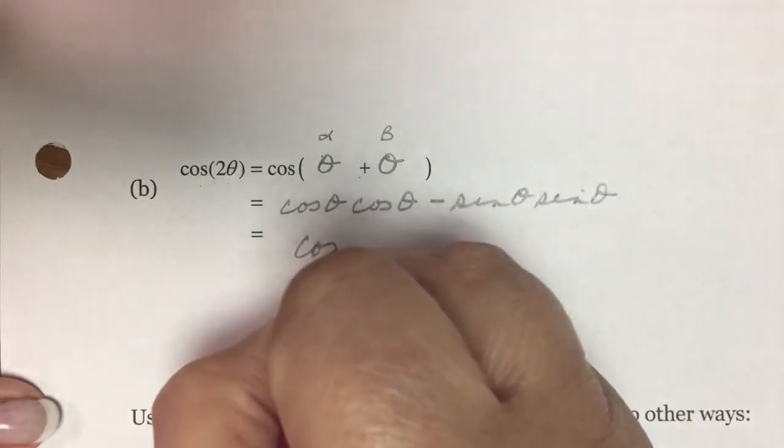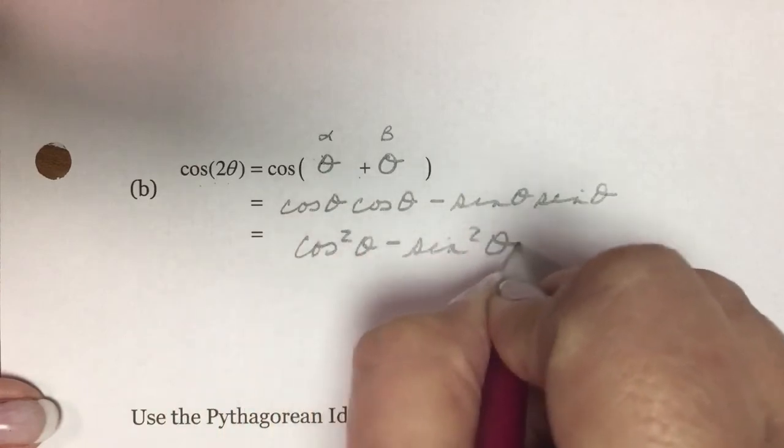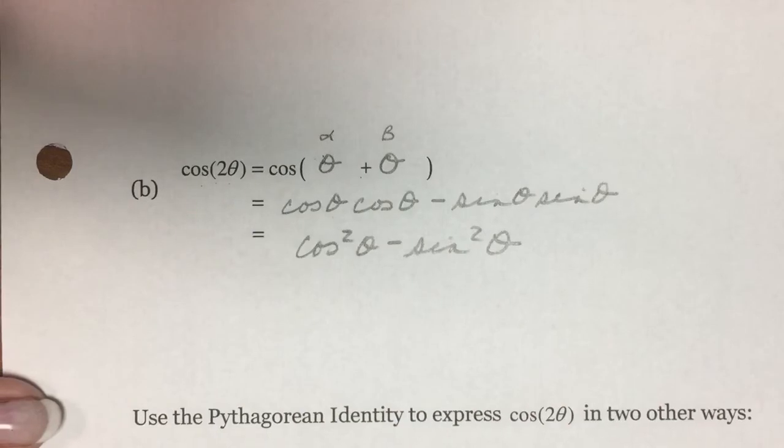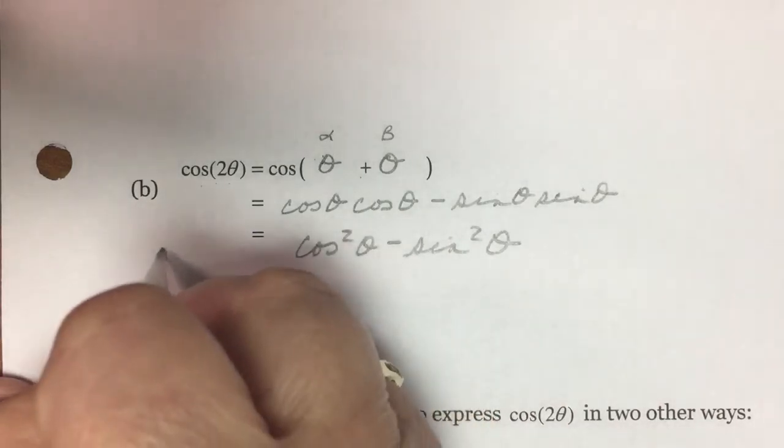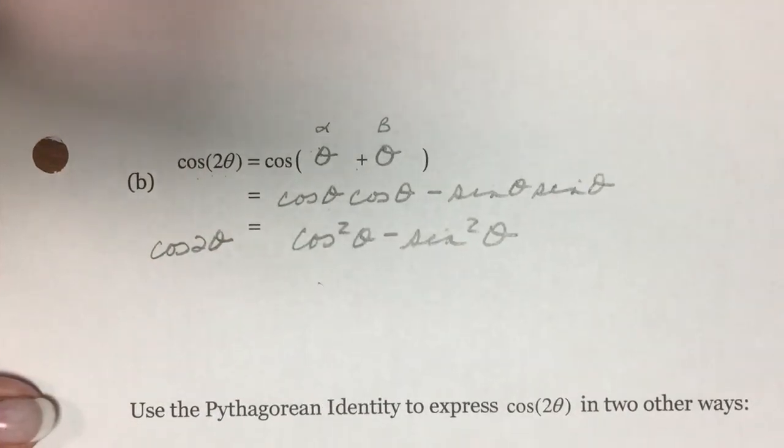And that's simply cosine squared theta minus sine squared theta. That is your first cosine double angle identity. So cosine 2 theta is equal to cosine squared theta minus sine squared theta.